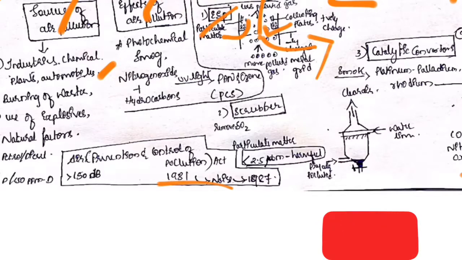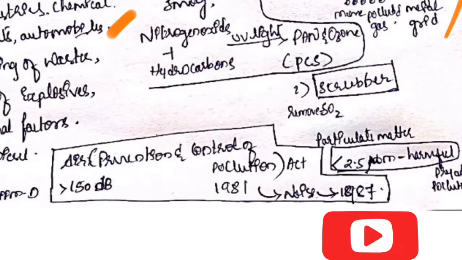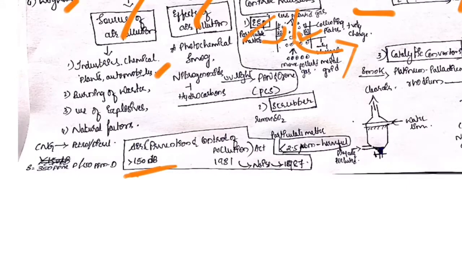It was amended, and noise was also introduced as a pollutant in the category of air pollution in the year 1987. According to that act, noise of more than 150 decibels is considered harmful noise, and it is also considered noise pollution.